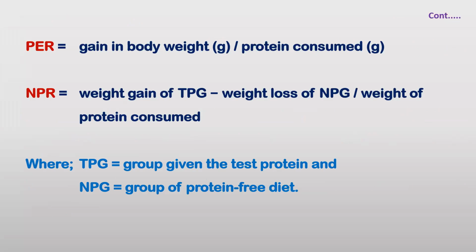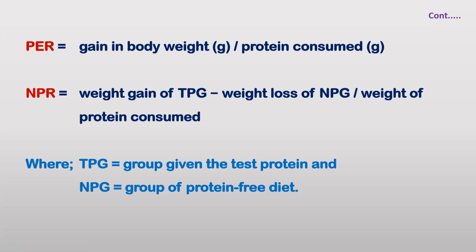So what is the protein efficiency ratio, and how can we calculate it? Protein efficiency ratio is equal to the gain in body weight, in grams, divided by protein consumed in grams. So this is the protein efficiency ratio.